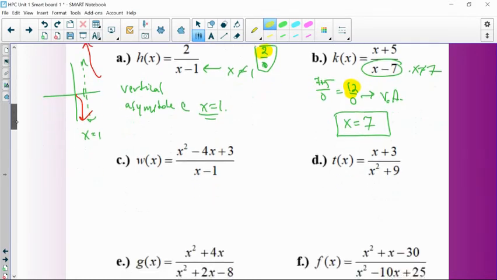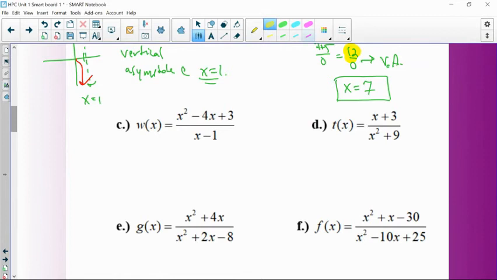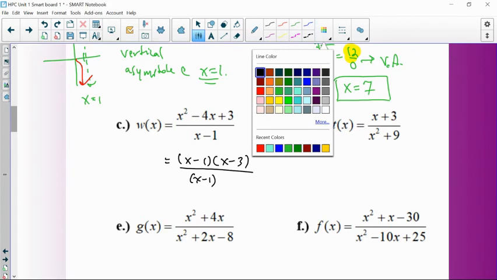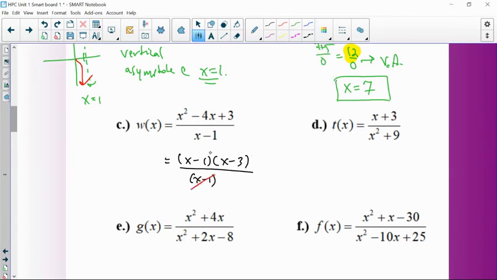Okay. Now, the next example, I noticed that I can factor the numerator. If you factor the numerator first, you see that it's x minus 1 times x minus 3, over x minus 1. So we can actually cross out this factor and this factor. When you can remove that and you can remove the 0 in the denominator, that's an indication you had a hole.